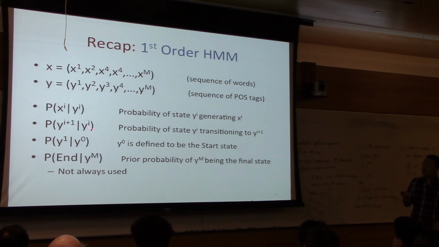Given that the current state is Y_i, what is the probability that the next state, the next part of speech tag, is Y_{i+1}? Then some special ones, and again, these are just special cases of the transition probability: one from the special start state, and one transitioning to the special end state. So, if you did the homework, these are things that you are hopefully intimately well aware of by now.